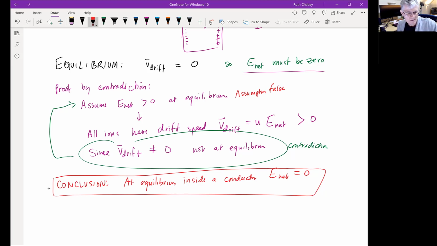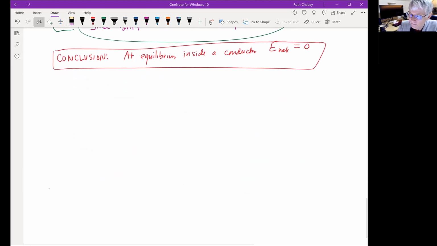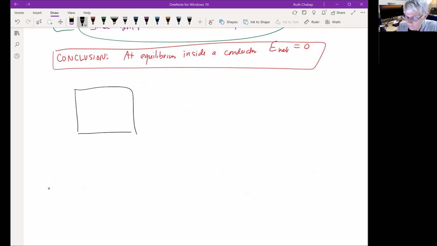Well, that's kind of a problem, because here we had this conductor, salt water. So we have our salt water solution here to be concrete. And we applied an electric field to the right.